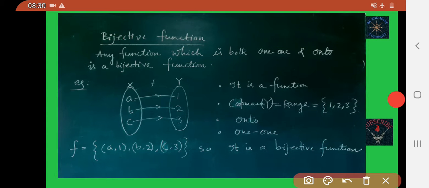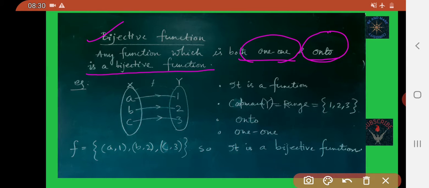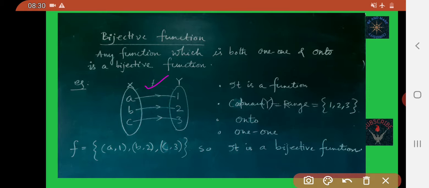See, bijective function. Any function which is both one-one and onto is a bijective function. So, if a function is both a one-one function and an onto function, then that function is called a bijective function. So, first you see whether it is a function or not.